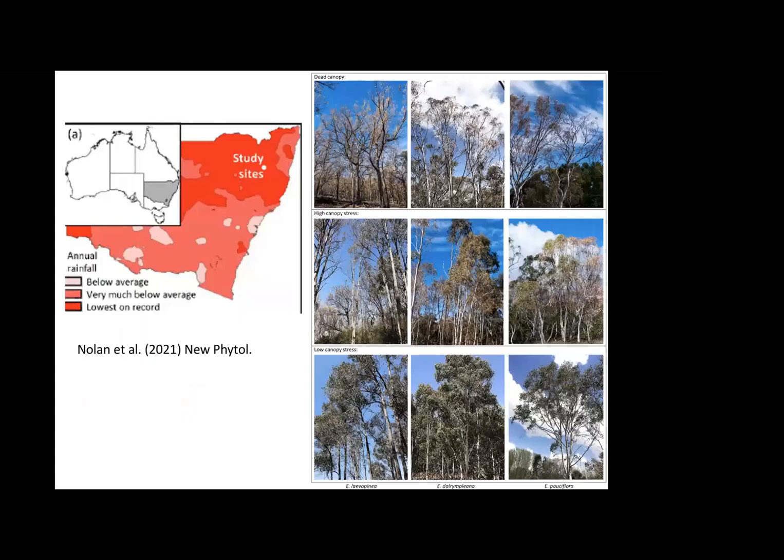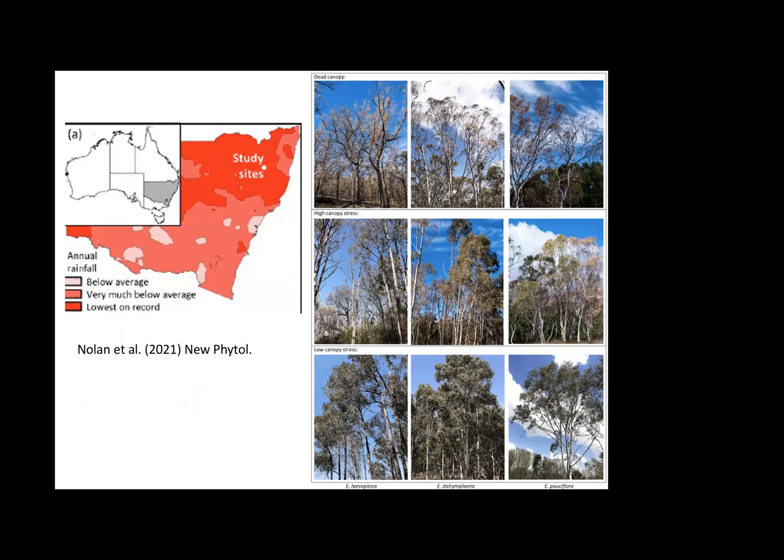And so we think we understand that process. And what's more, we're fairly sure that that is the process that underpins the canopy browning that we have seen. One reason we're fairly confident about that is that my wonderful colleague, Rachel Nolan, and her team have studied one of these events during the Black Summer drought that we had.